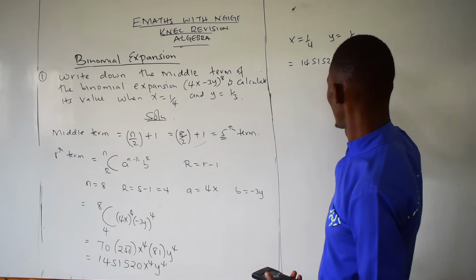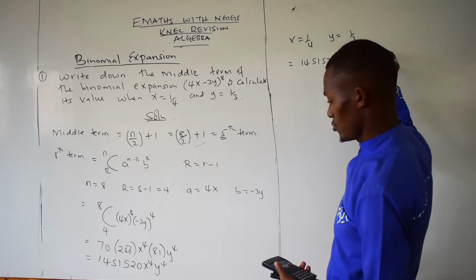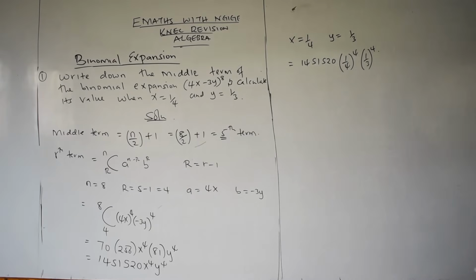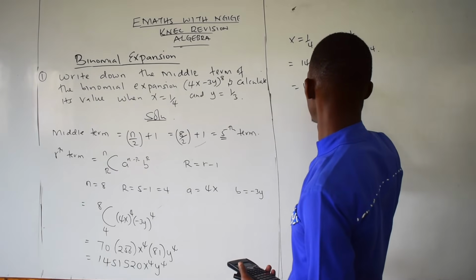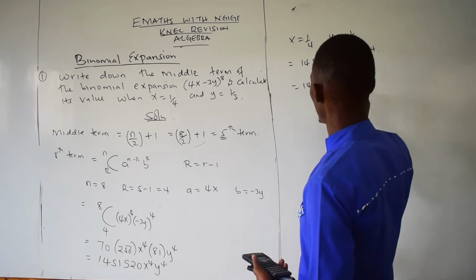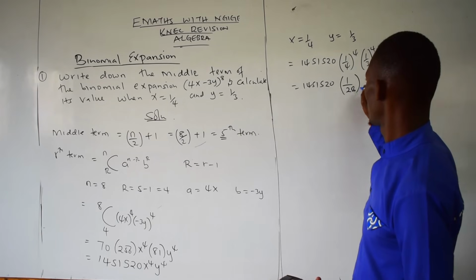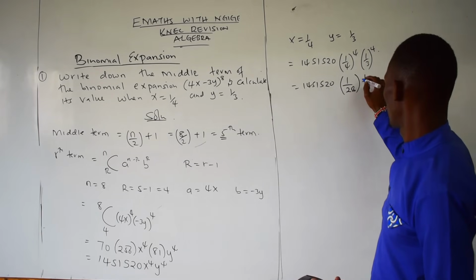Then we have 1 over 4 raised to power 4, then 1 over 3 raised to power 4. Now you can see this is just the same as 1451520. Then 4 raised to power 4 gives you 256. Then 1 over 3 raised to power 4 gives you 81.